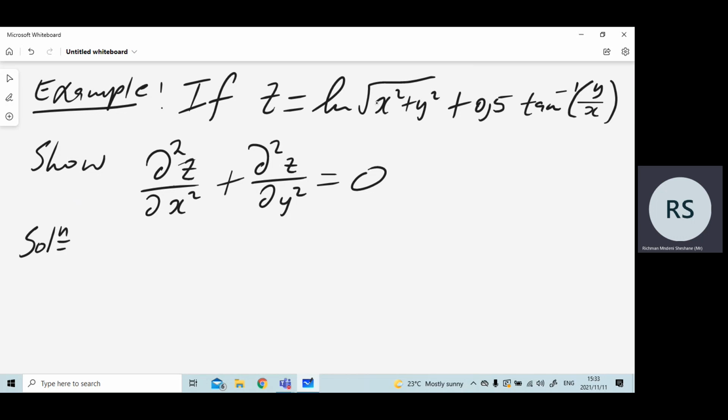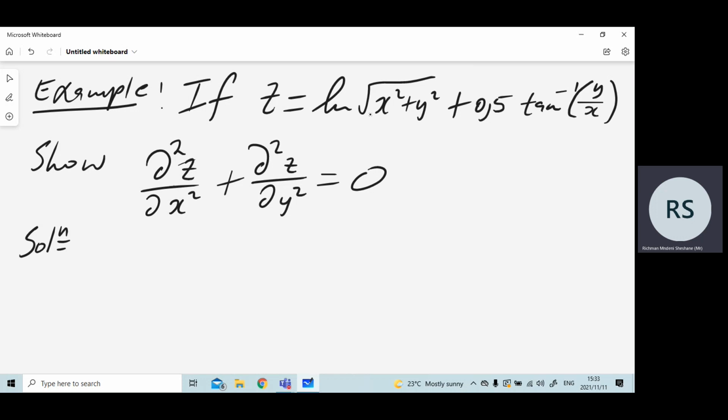If I see a log property, I always apply the log property first to make my life easier. When I derive the first term, I have ln of a square root, which would involve the derivative of the inner function. So if you have a log function, apply the log properties first.